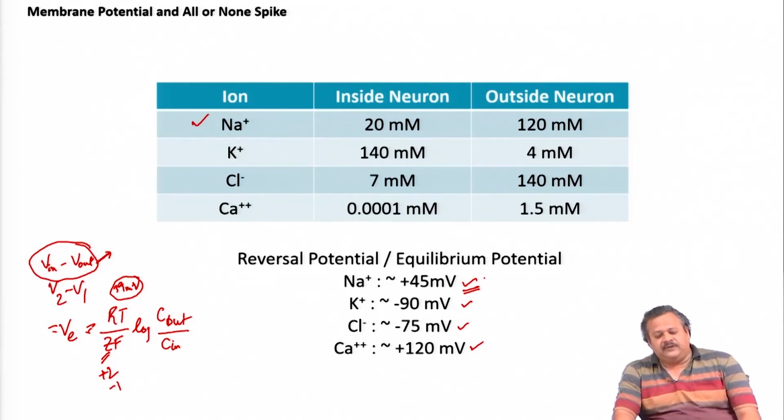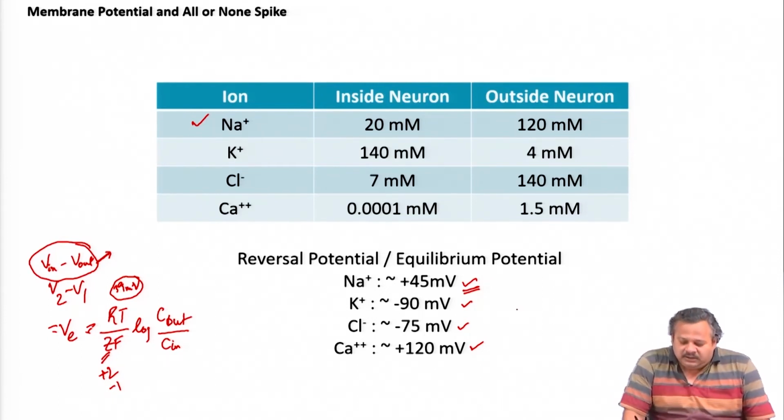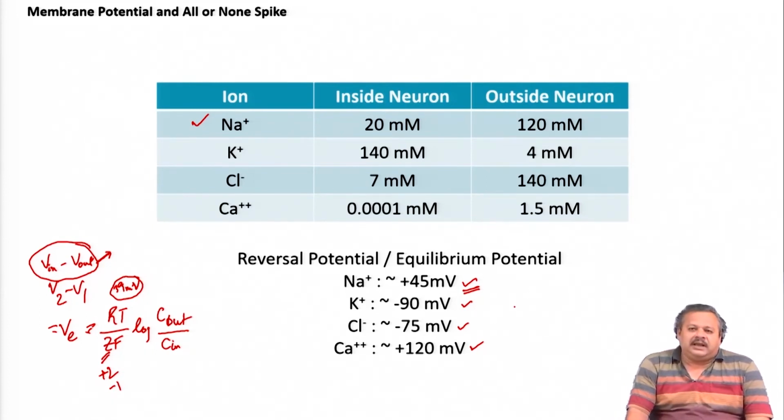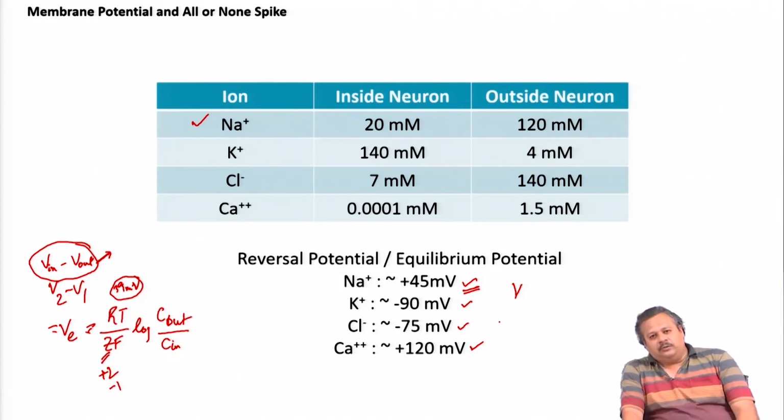Similarly, for potassium, if the membrane potential is -90, then potassium will not flow. Similarly, for chloride and calcium. Another way to think about these numbers is that if we have the potential of the membrane at a particular value V or V membrane or delta V, then it is the equilibrium potential of that ion that will determine which way the ion will flow.